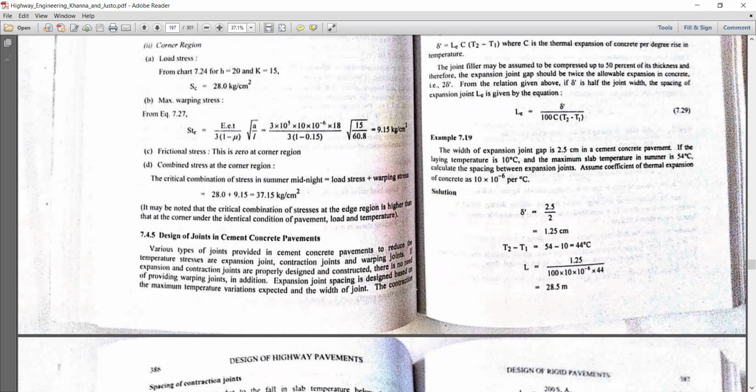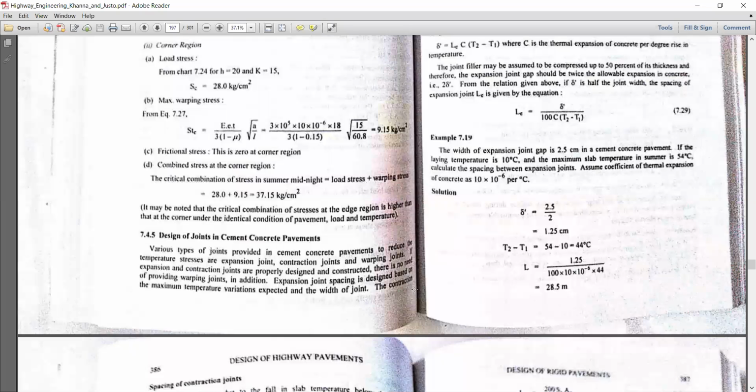Various types of joints are provided to reduce the temperature stresses, namely expansion joints, contraction joints, and warping joints. If expansion and contraction joints are designed properly and constructed, there is no need of providing warping joints. Expansion joint spacing is designated based on maximum temperature variation expected.